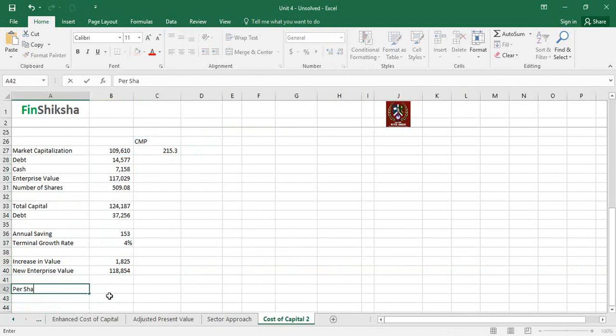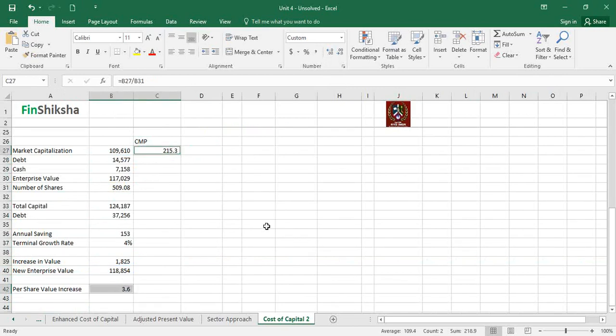So per share value increase can be calculated as straightforward 1825 divided by the number of shares. So ideally, if you do nothing and just move to the new debt equity structure, what that should do is take your new market price to somewhere around 219 rupees, right? That should increase the per share value.